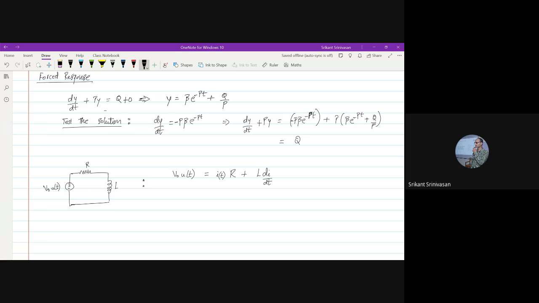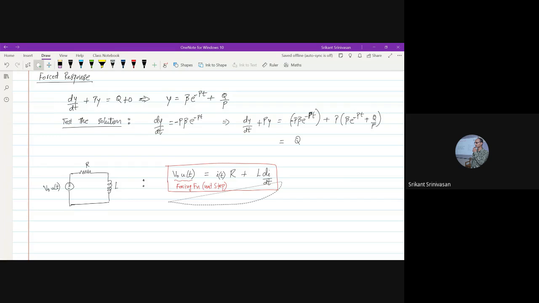Okay. And now if you were to try to bring this into the same form, then what is the answer? Has anybody solved this? I gave you the general solution of the equation dy by dt plus py equal to q. The answer is y is equal to beta times e power minus pt plus q over p.